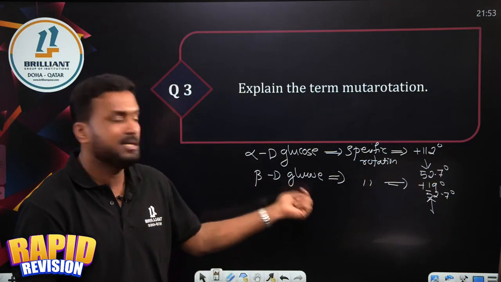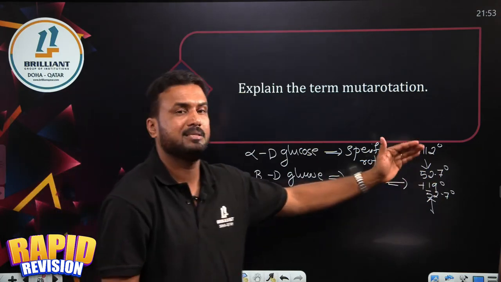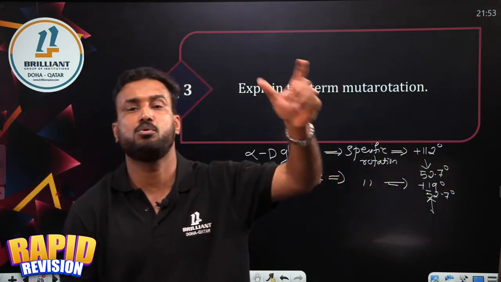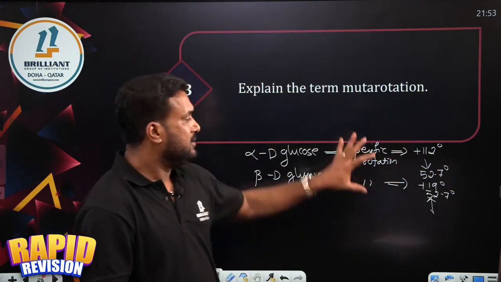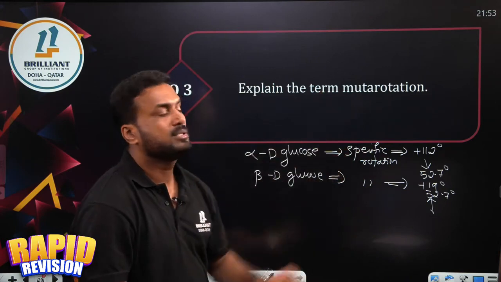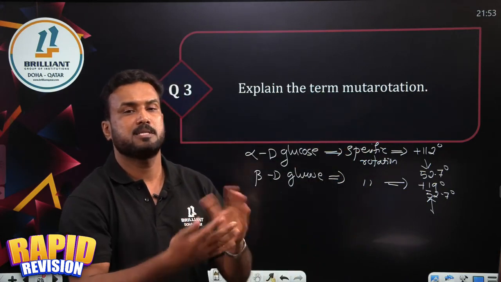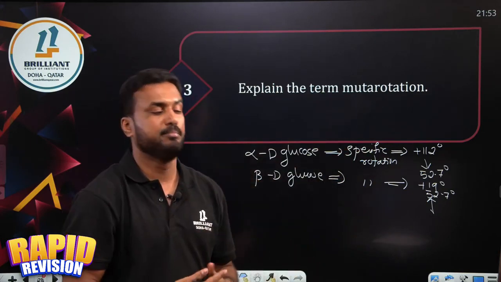At the same time, beta D glucose, with specific rotation of 19 degrees, increases to 52.7. This is called mutarotation. Mutarotation means that the specific rotation attains an equilibrium value.